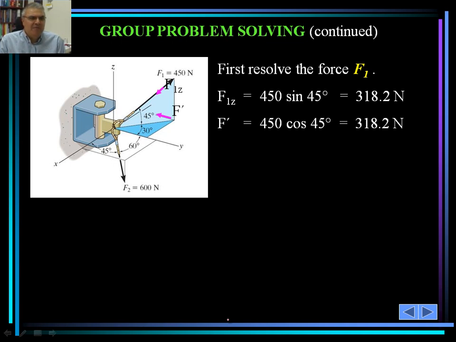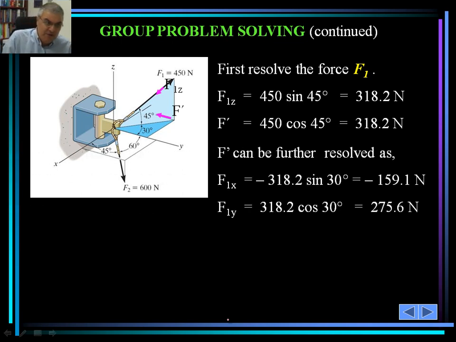As you can see, we are going to show you how we can use F prime, the projection of F, to calculate that. F sub 1z is 450 sine of 45 degrees.